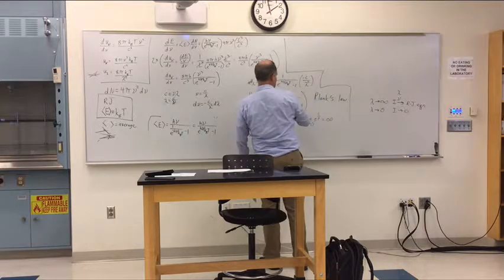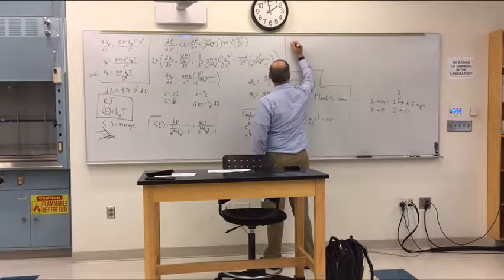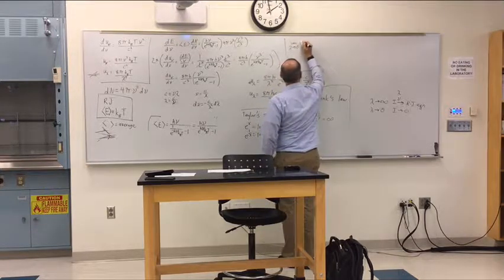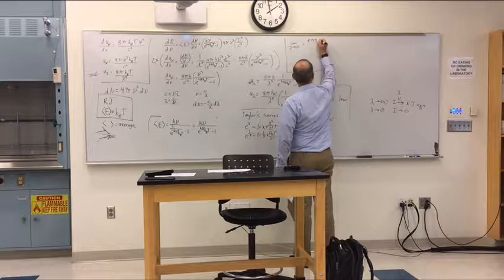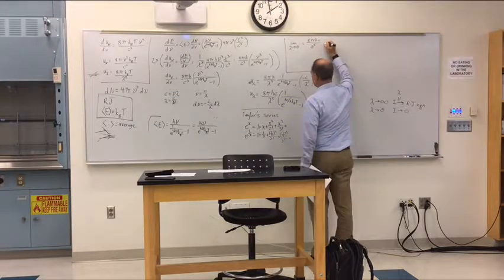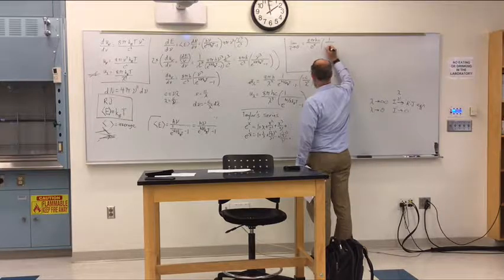So if we replace this e with infinity, we can see that as wavelength goes towards 0, our equation becomes 8 pi hc over 0 to the 5th power, 1 over infinity minus 1.